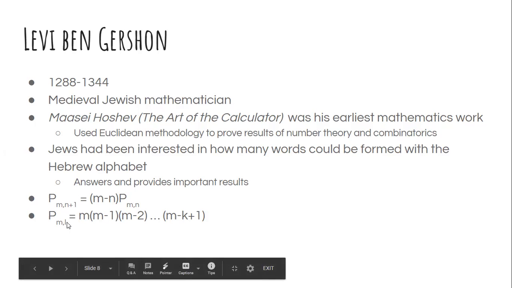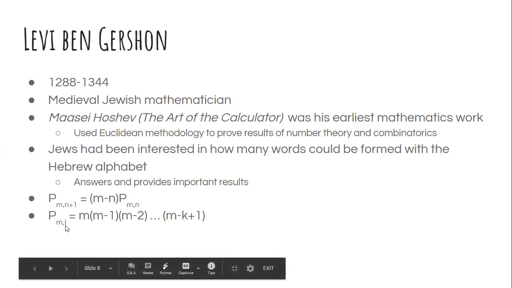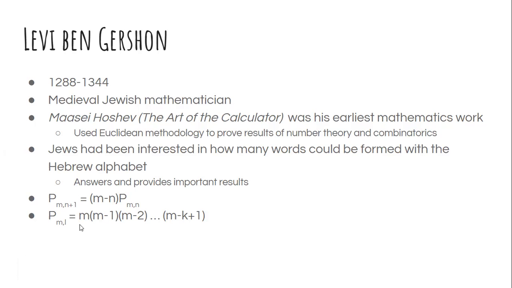This is supposed to be a k, but m pick k equals m times m minus 1 times m minus 2, all the way up to m minus k plus 1. So in order to find these permutation problems, this is the formula that we will use and that we have used in our current classes and in our studies.